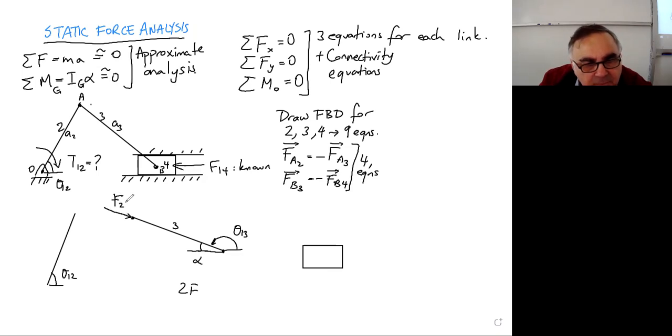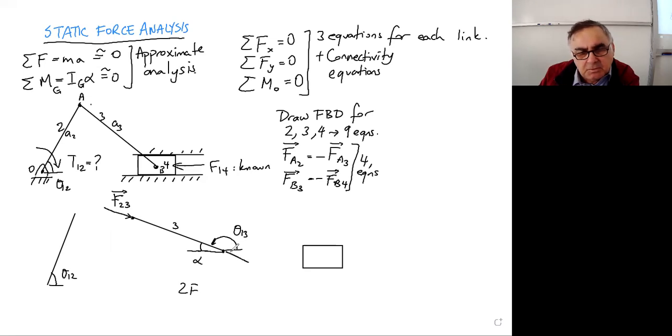The F23 has to be here. Okay, but we assume something. We assume that it is in this direction, that it is compressing the member, but you can assume that it is tensile also. It's definite that it's along the direction of the link.